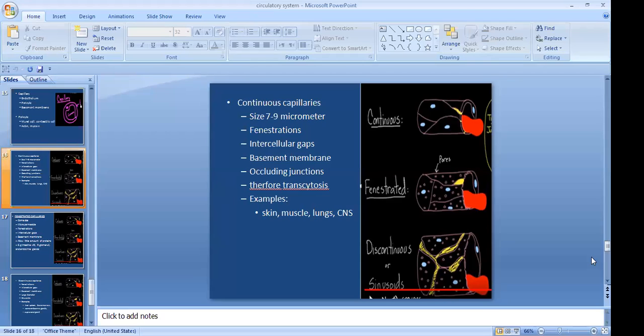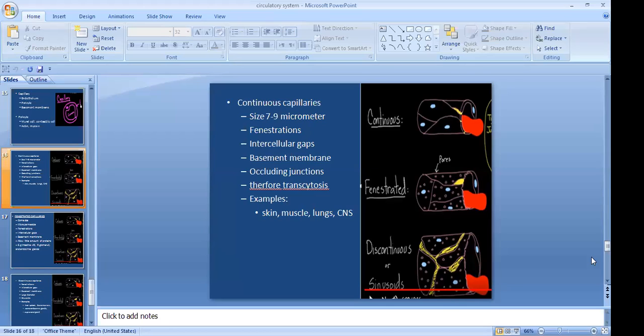We classify capillaries on the basis of three important points: fenestrations, intercellular gaps, and the basement membrane.